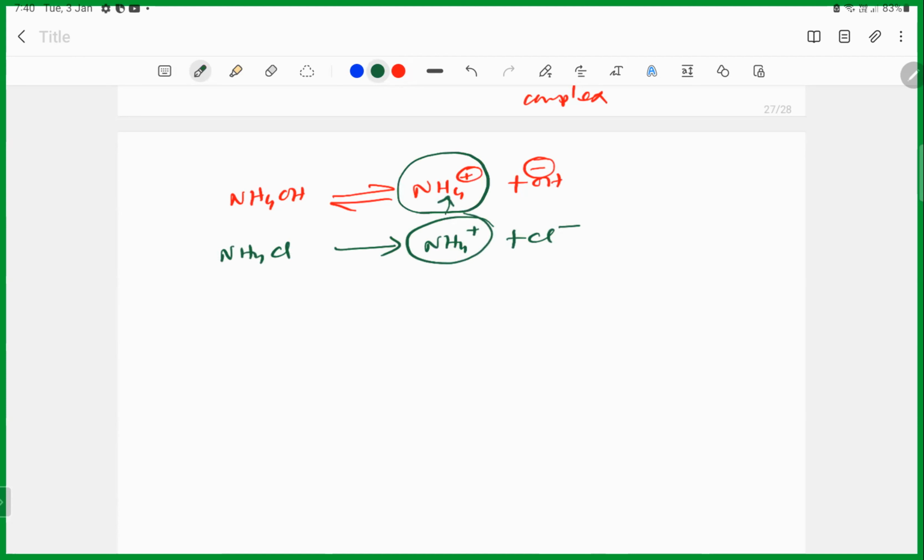So you tell me, will the forward reaction be suppressed or the backward reaction be suppressed? Which will suppress more? Forward or backward?